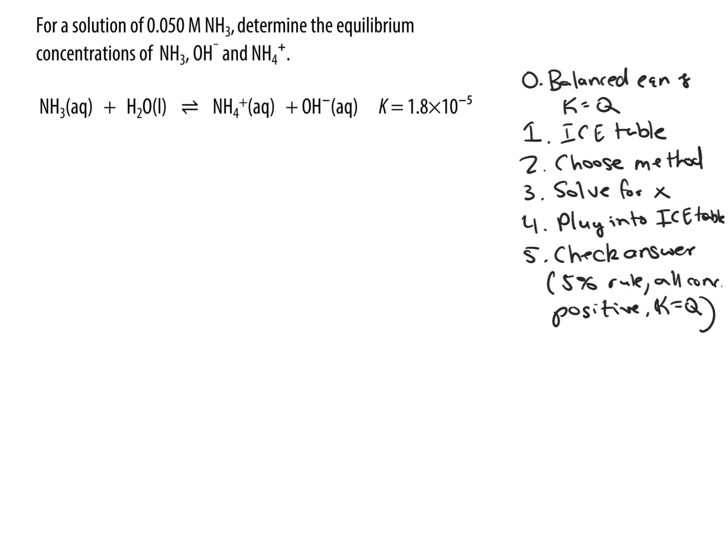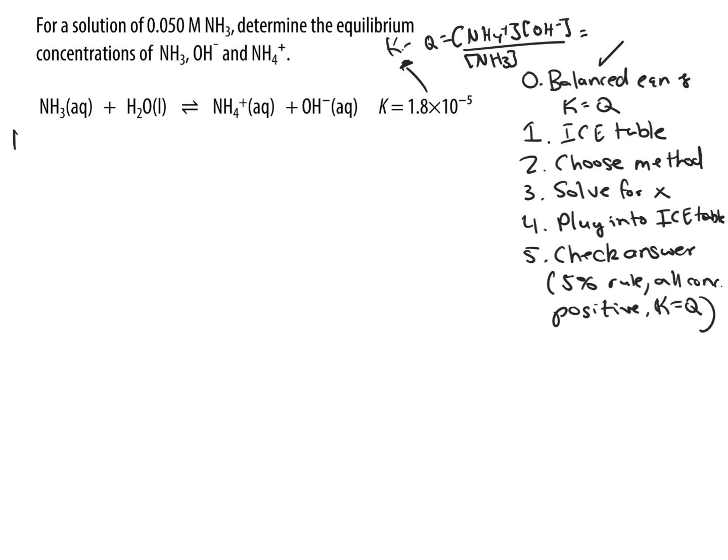Okay, so I'll write out the steps here. We're given the balanced equation, so we can proceed right to K equals Q. The Q here is NH4 plus times OH minus over NH3, which is equal to our K of 1.8 times 10 to the minus 5.